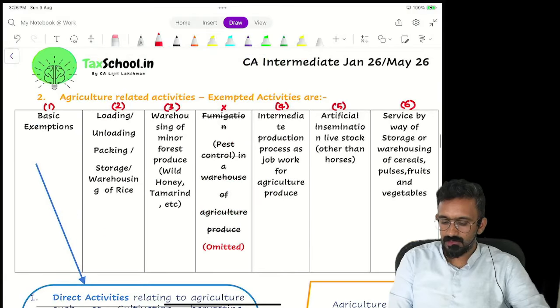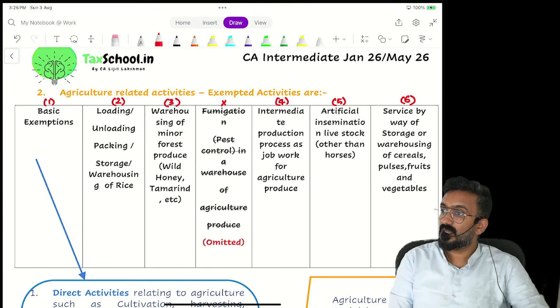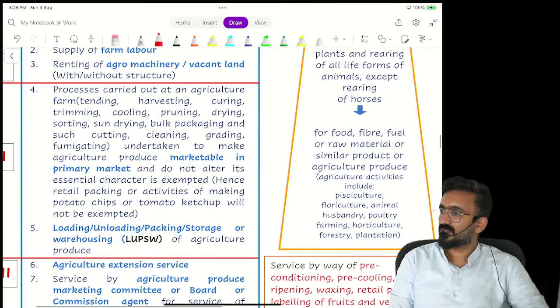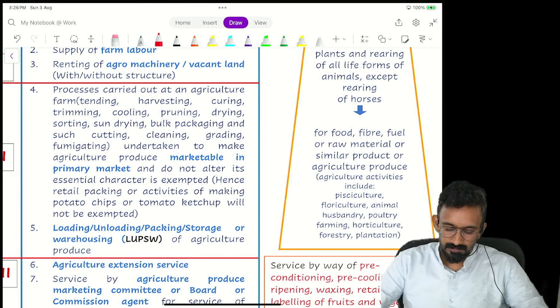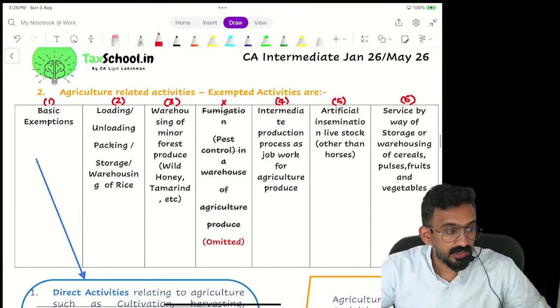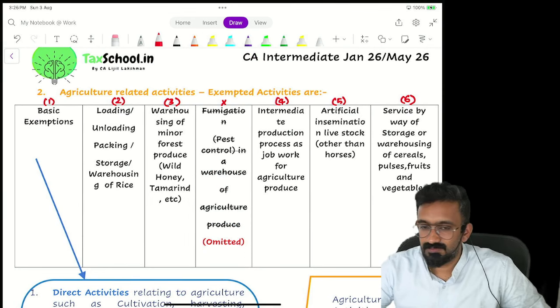Point number 4 also talks about what? Intermediate production process for agriculture produce. That's also a process taken to make agriculture produce. What's the difference? The difference is that in point number 4 there is a word called job work.